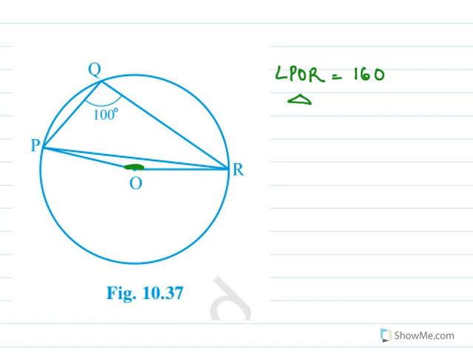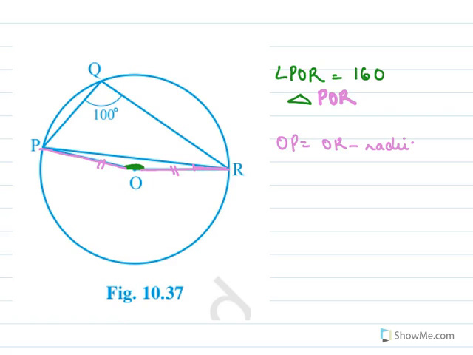Now look up at triangle POR. In triangle POR, we have two sides equal. We have OR equal to OP, and they are the radii. So OP equal to OR, radii of the same circle. If the sides are equal, then the angles are equal.